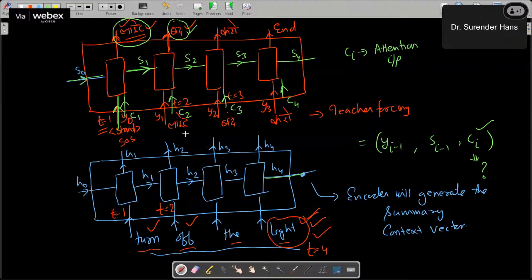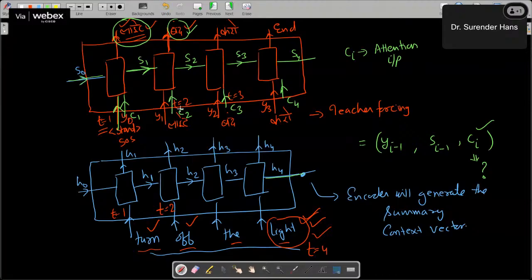So C1 should be a function of H4. C2 should be a function of H1 and H2, because of the words turn and off. To print this word, the encoder should pass H1 and H2 to C2.